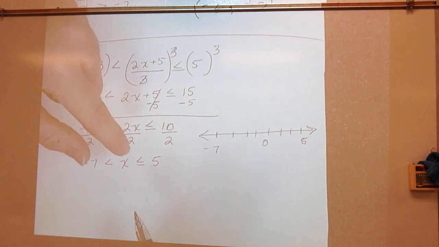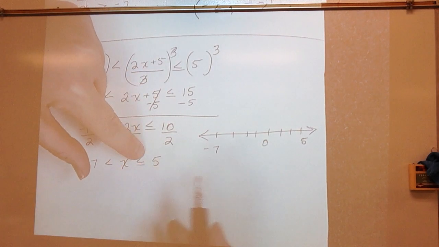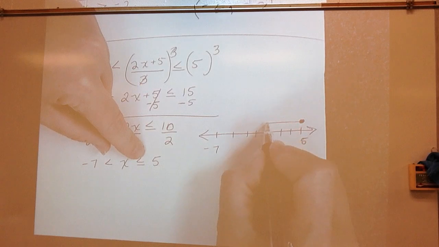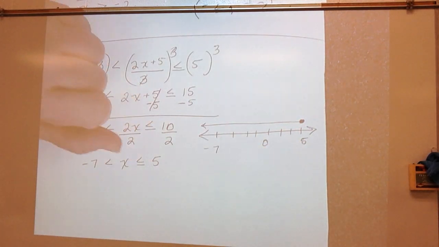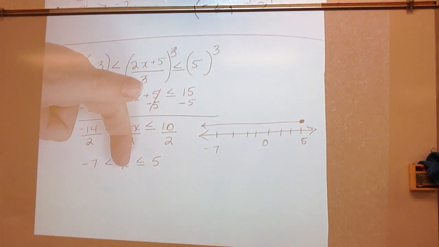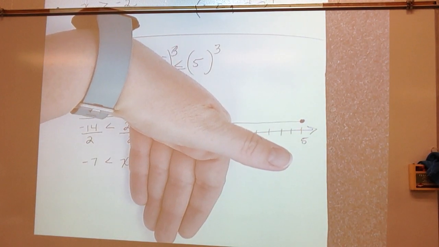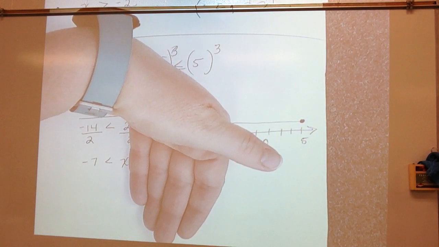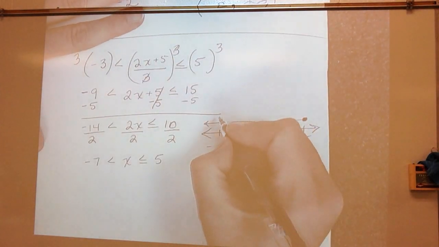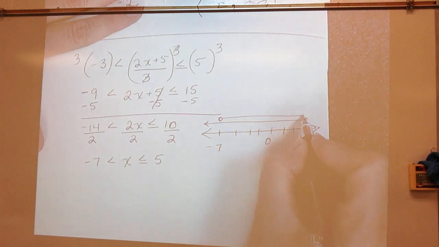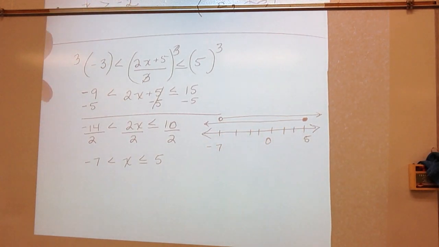So I'm looking at x is less than or equal to 5, so closed dot because it's equal to, so it has to be everything less than or equal to 5. Then I'm going to look at this part. x is greater than negative 7. So open circle, everything above negative 7.